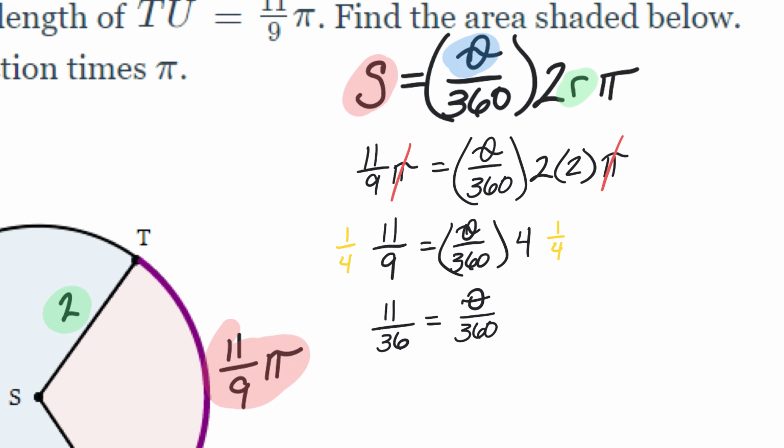And we actually could set a proportion right here, or we can find our angle. The way we would find our angle is we would multiply both sides times 360. Well, if we're doing times 360, that cancels out the 36, and that would be 10. So 10 times 11, we have a 110-degree angle.